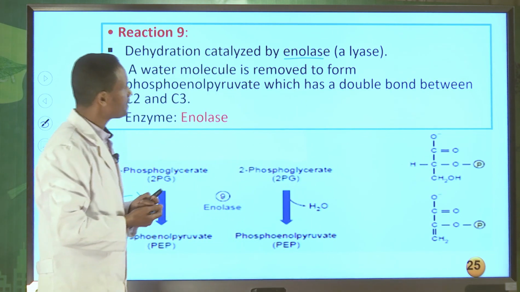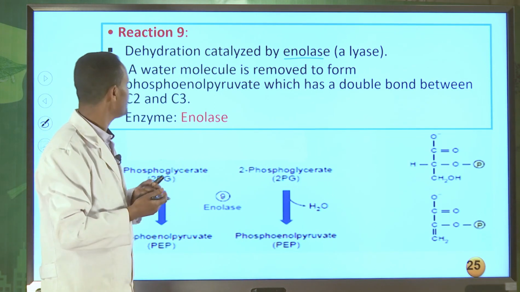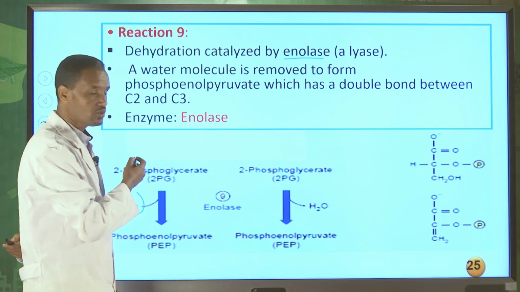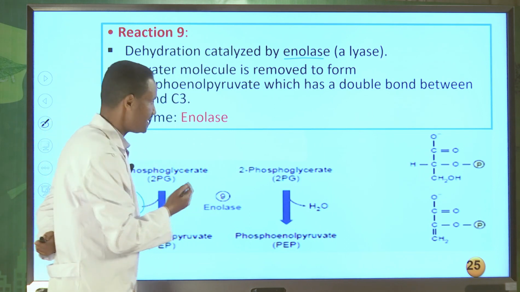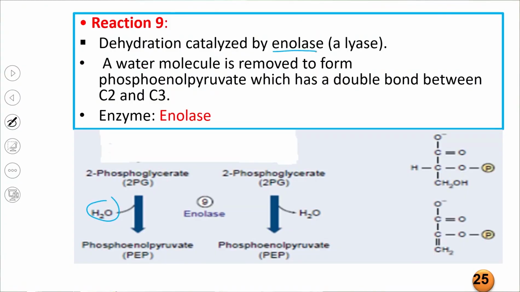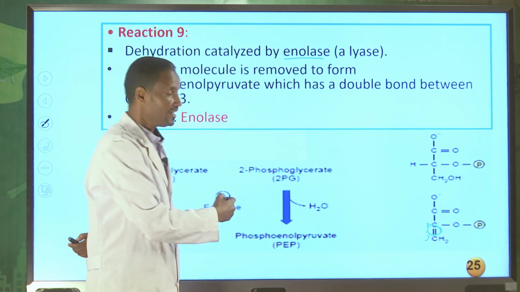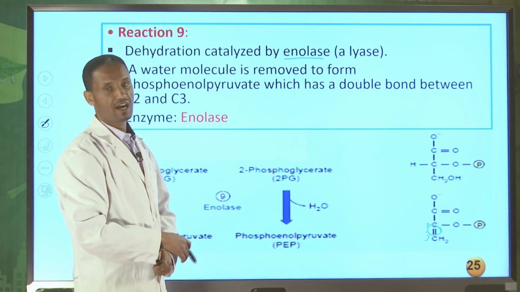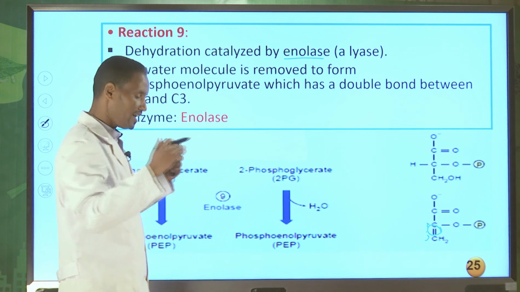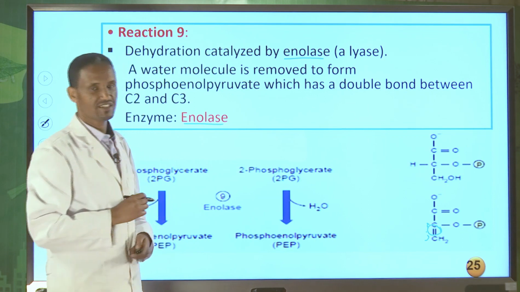Because one molecule of water is removed here, a double bond is formed between carbon 2 and carbon 3. And this process is catalyzed by the enzyme enolase.